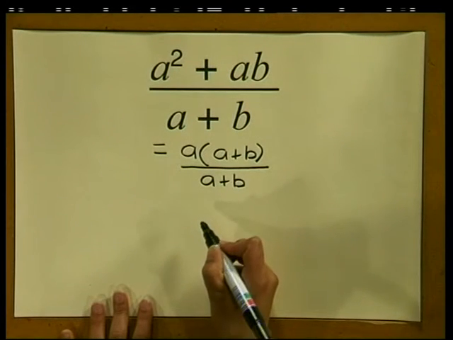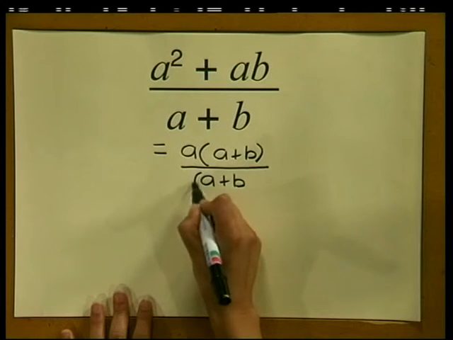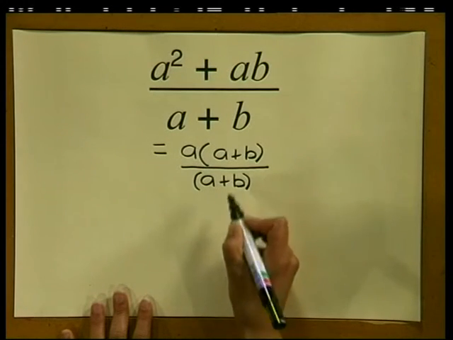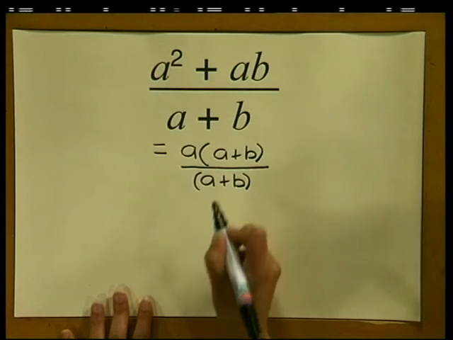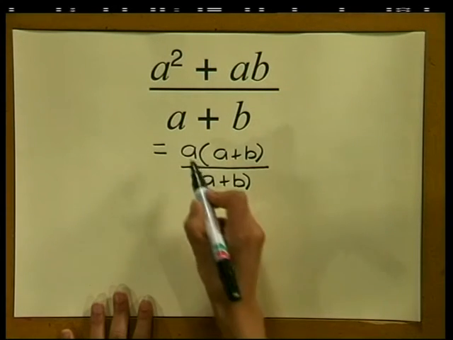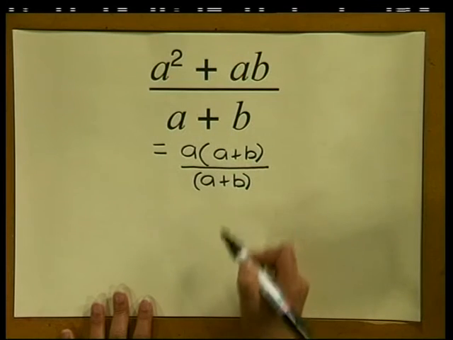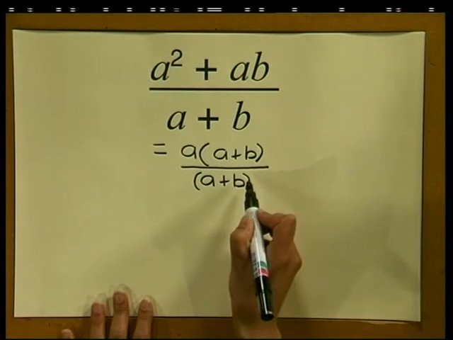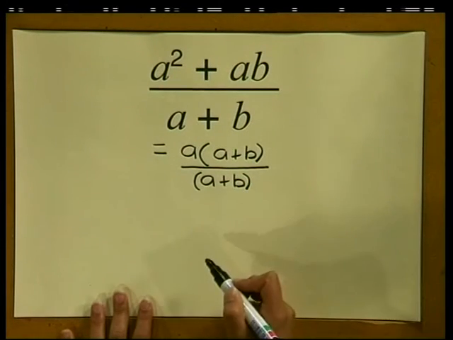Now notice I placed the terms in the denominator in brackets so that the two terms together make one factor. So in the numerator we have the factors a and a plus b, and in the denominator we have the factor a plus b.